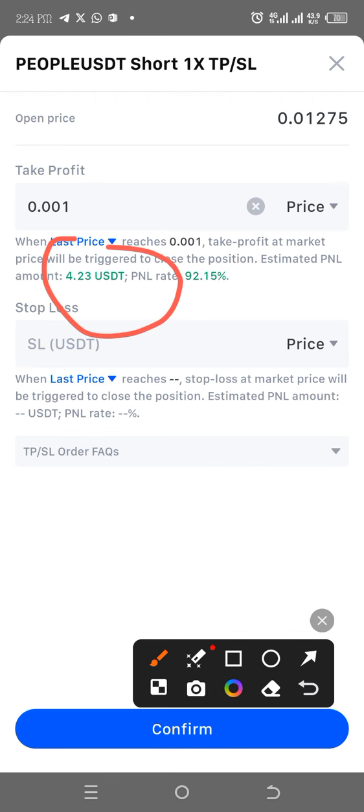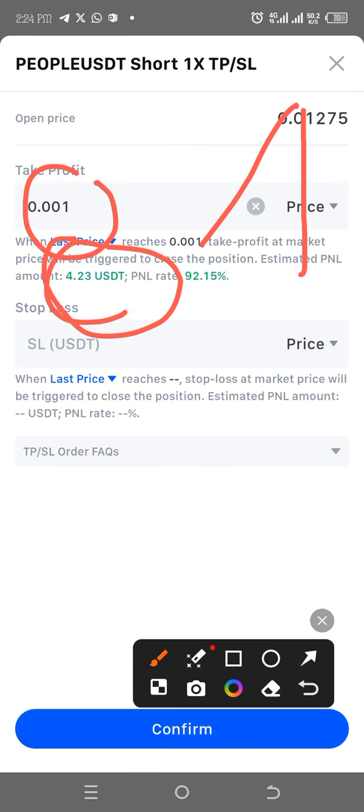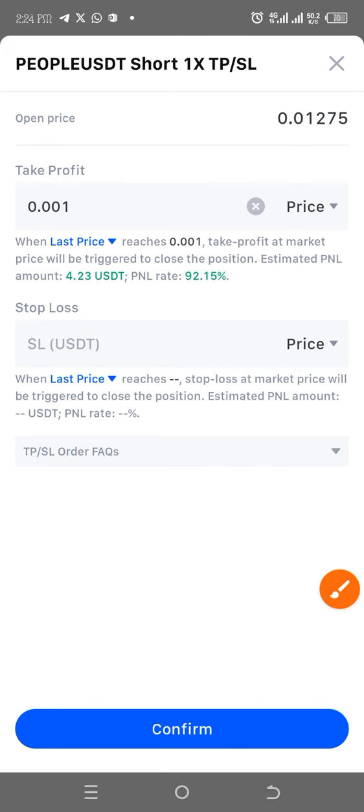And if the market goes up and touches this place, and I'm already in profit, and the market is now coming back, once it reaches this place, it's going to take me out of the market, and I'm going to make this profit, which is $4. This is how to set stop loss and TP.